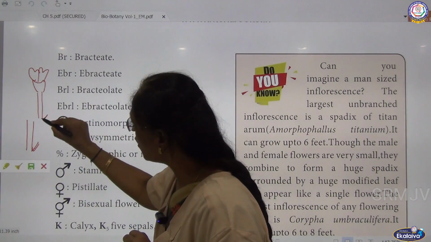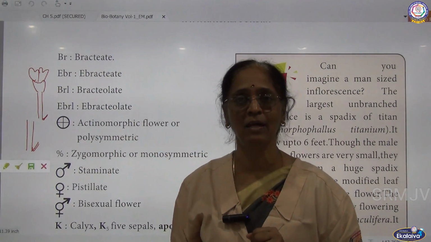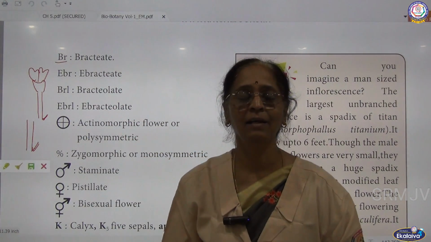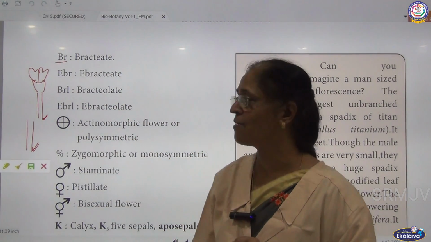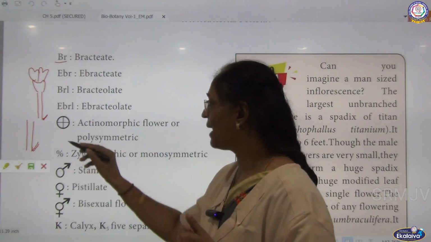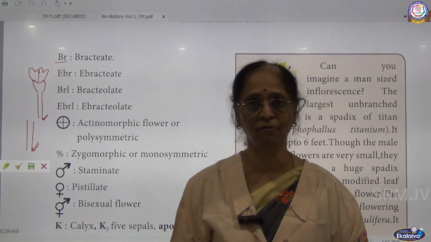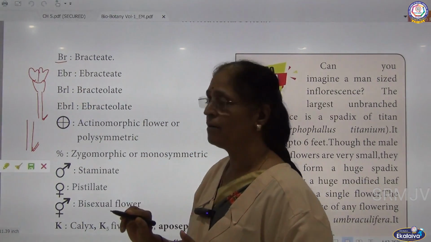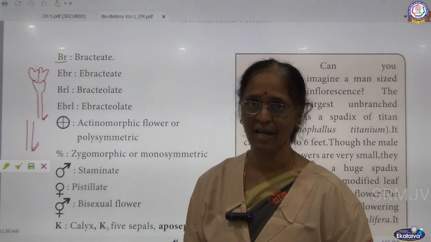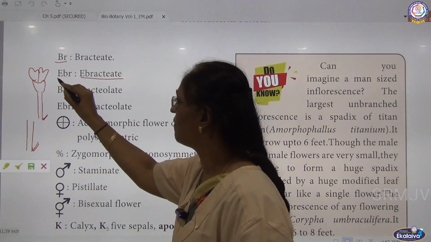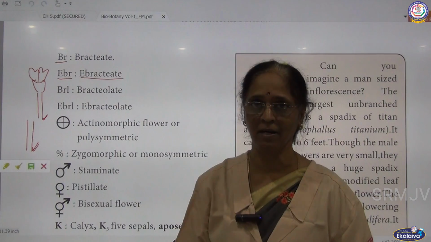And here small leaf-like structures, we call them bracts, and they are represented with the letters BR. If a flower has a bract, you call it a bracteate flower. If the flower doesn't have bracts, we call it ebracteate, and we represent it as EBR.